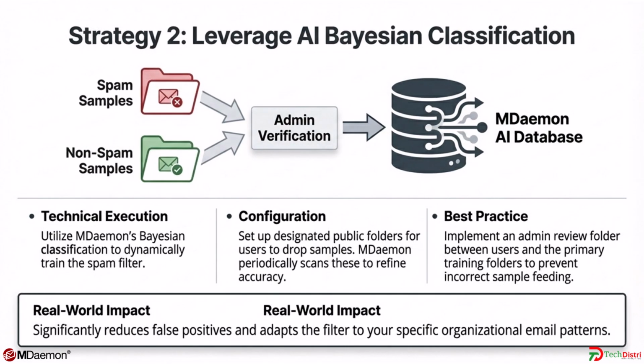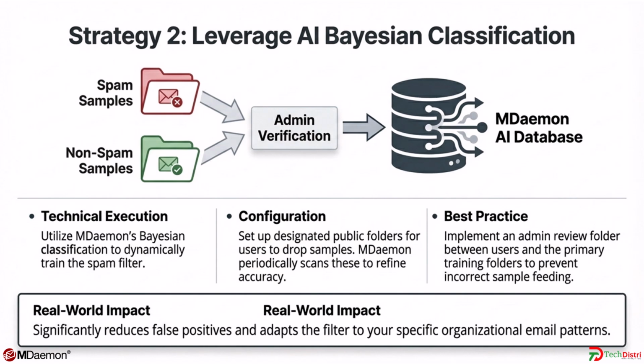Fn includes an adaptive Bayesian spam filtering engine. This system analyzes statistical patterns in email messages to identify spam based on learned behavior. To train the system, organizations can provide samples of confirmed spam messages and legitimate non-spam emails.